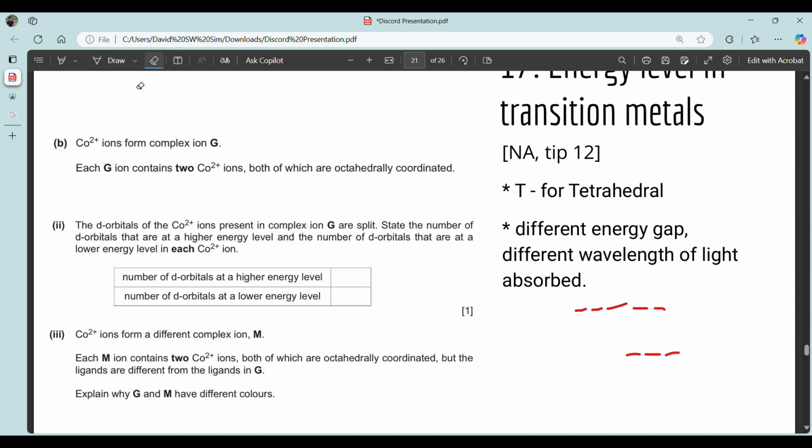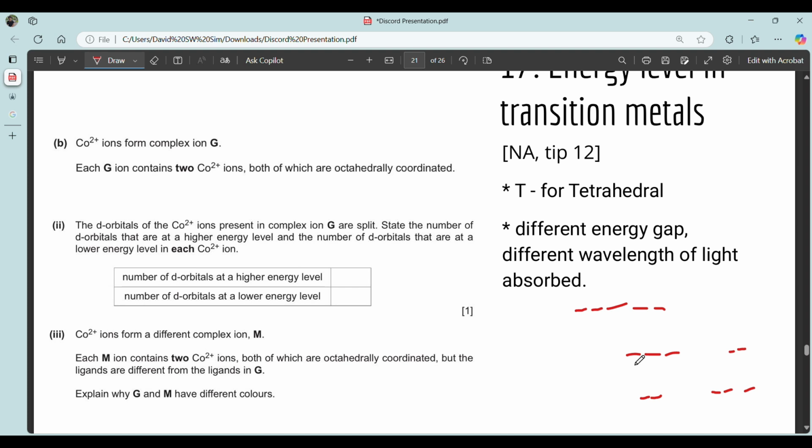If it's octahedral, let's say 6 ligands, then 2 of them will be raised to a higher energy level and 3 of them will be at a lower energy level.